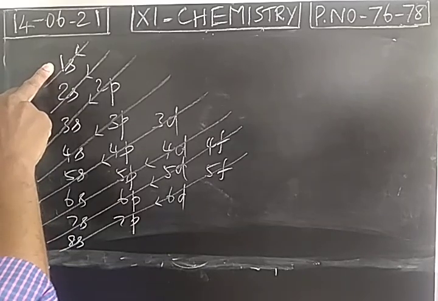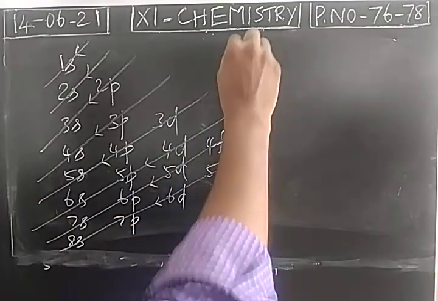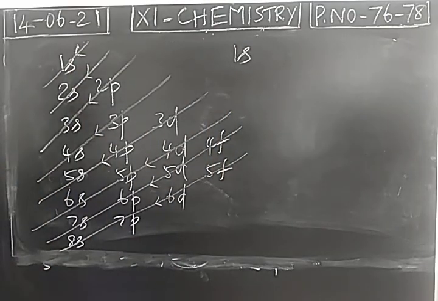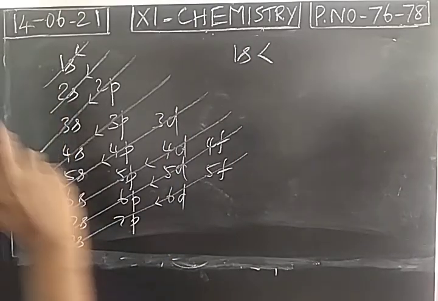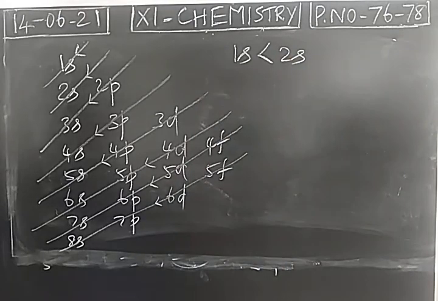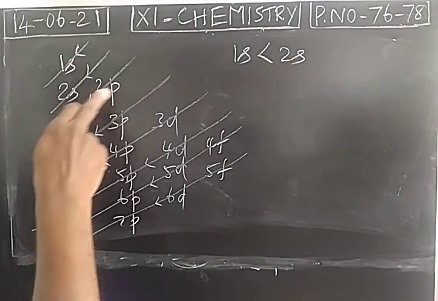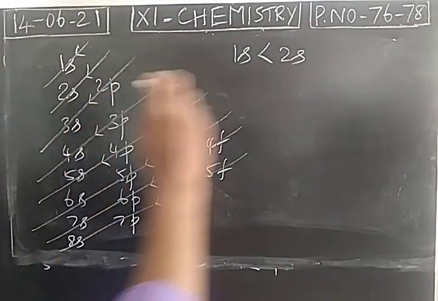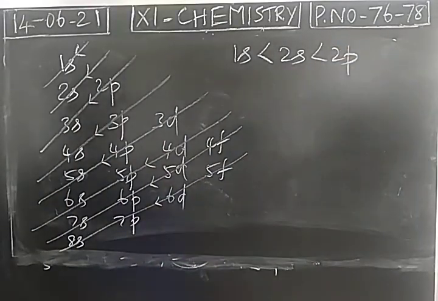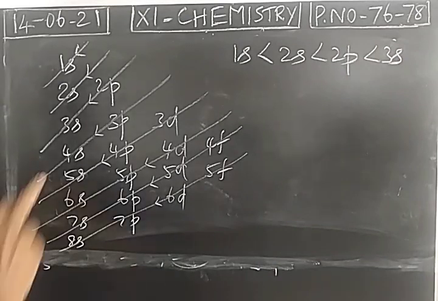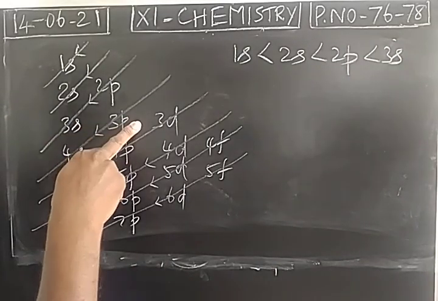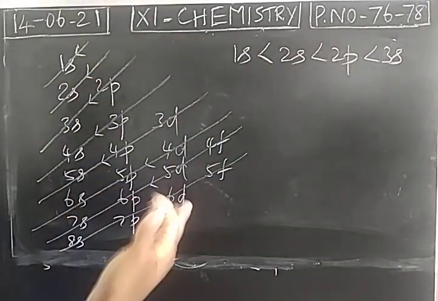The least energy orbital is 1s. Comparing 1s, the energy of 2s orbital will be more. Comparing 2s, next 2p, then 3s. After 3s, you have to move here. So this is in this order.